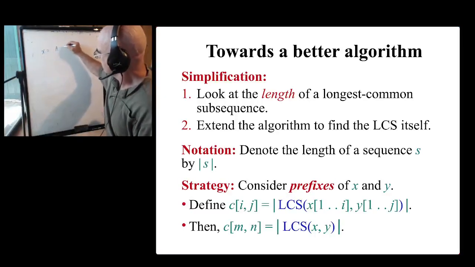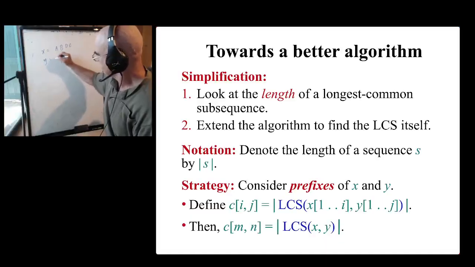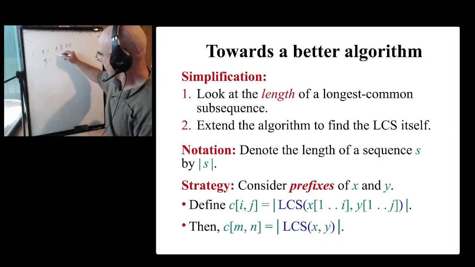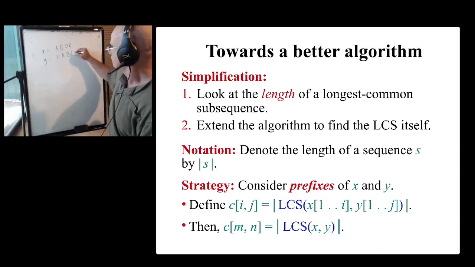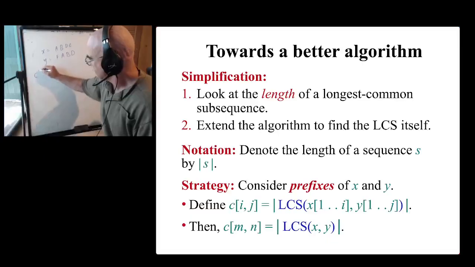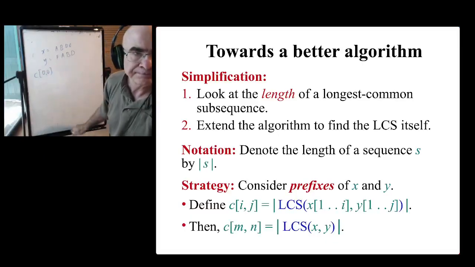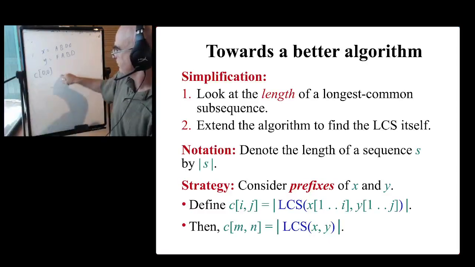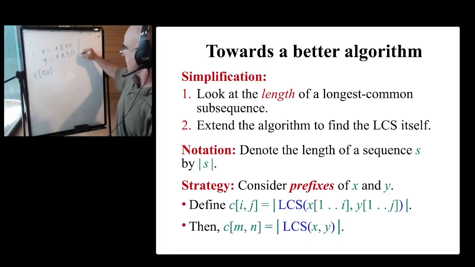X equals A, B, A, D, E, and Y equals F, A, B, D. And tell me, please, let's compute what C of 0, 0 is. Based on the definition, I need to compute what x of 1 dot dot 0 is.